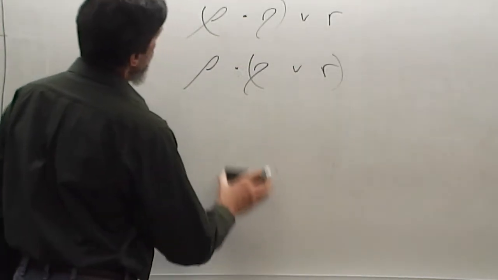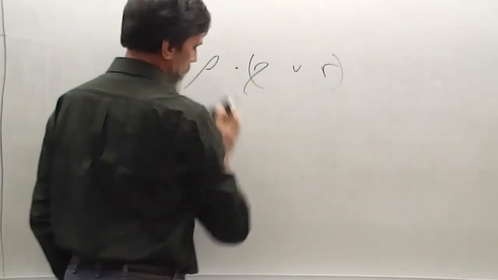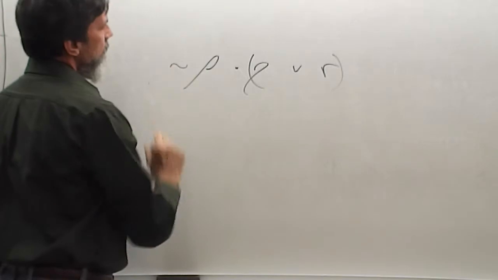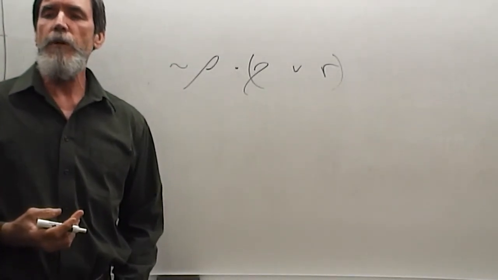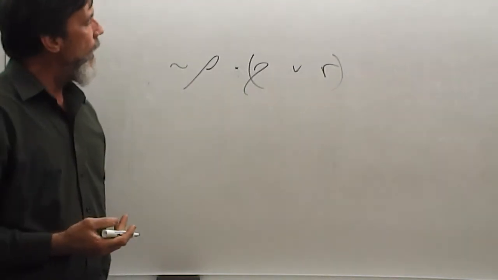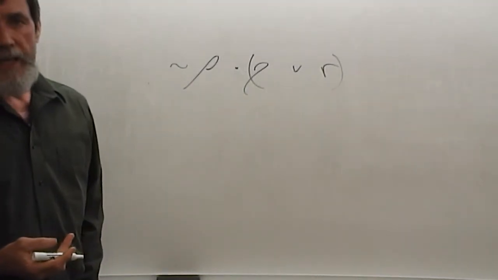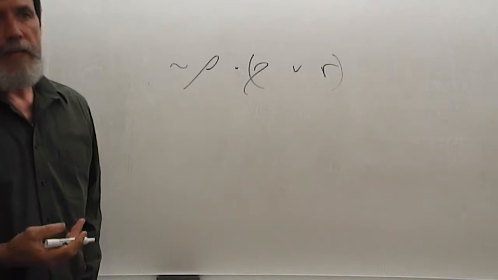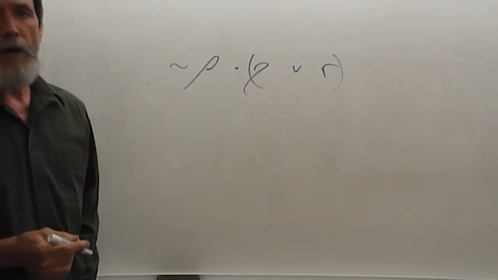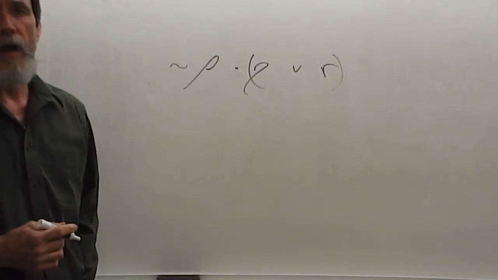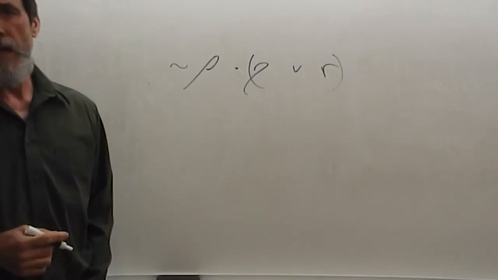Now, we allow the curl to negate the smallest following symbol that punctuation permits. That curl is negating P. That's the smallest symbol or component that punctuation permits the curl to operate on. So that's still a conjunction.